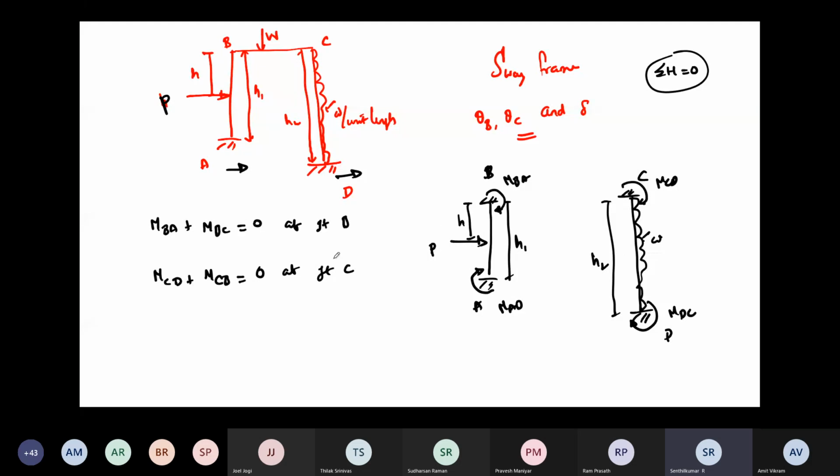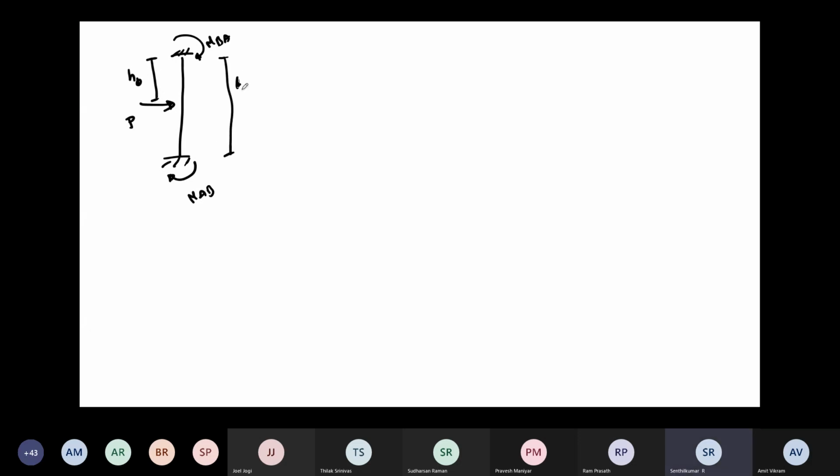Now take this member alone. MAB is clockwise, MBA is clockwise, and the height of the member is h1, or keep it as L1.